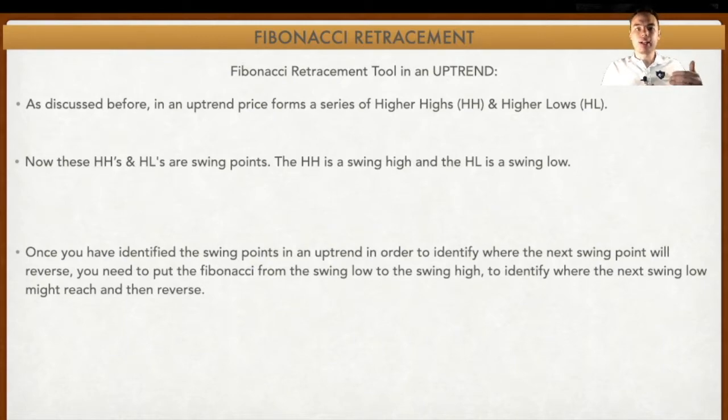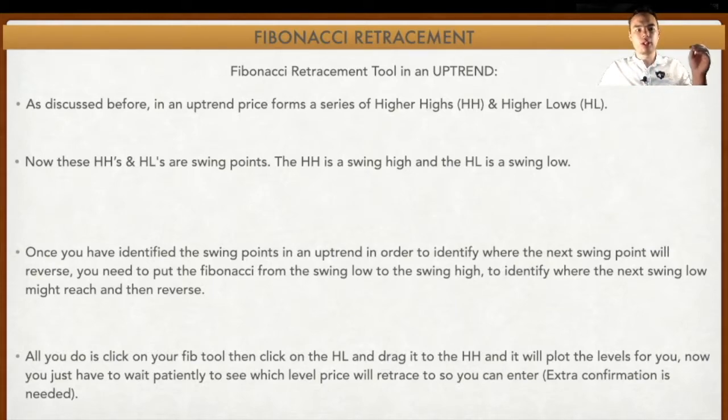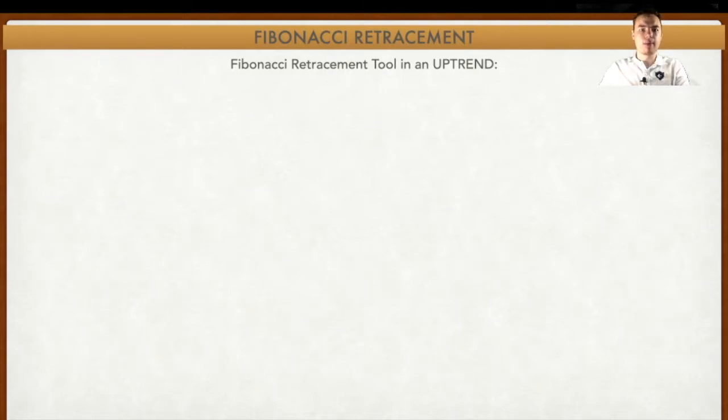You need to put it, like I said, from the swing low to the swing high, so from your higher low to your higher high, to identify the next higher low. It's pretty simple. You click on the Fibonacci, you take it from your low point and drag it to your other point, shift it to the side, and you've got it. I'll show you now.